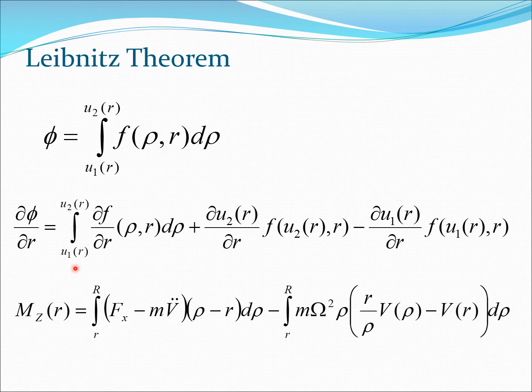With this expression you differentiate f, and you also need to differentiate the bounds in the integral, so you differentiate u2 and u1, and you calculate the function value at u2(r) and u1(r). If you do that, you can obtain the derivative of the function phi.